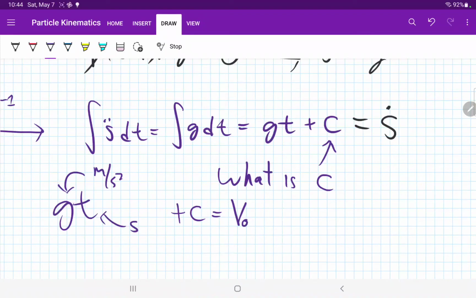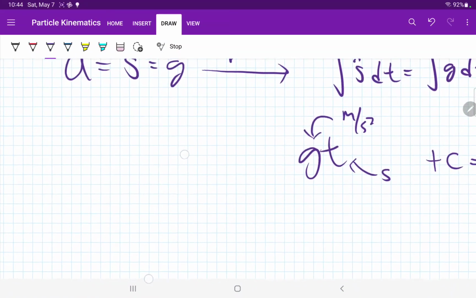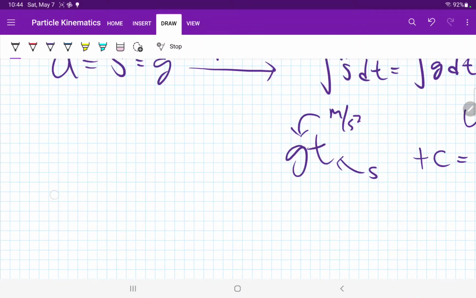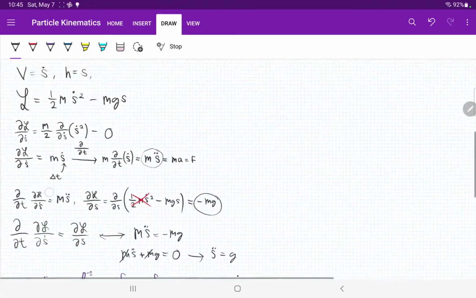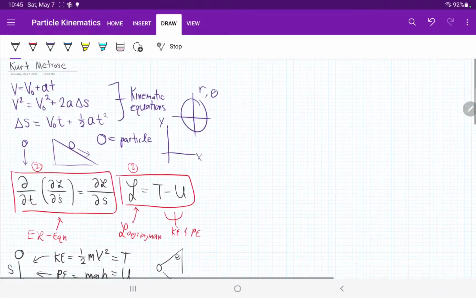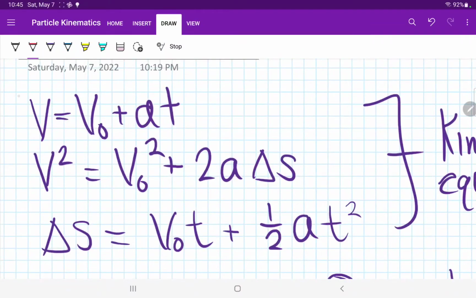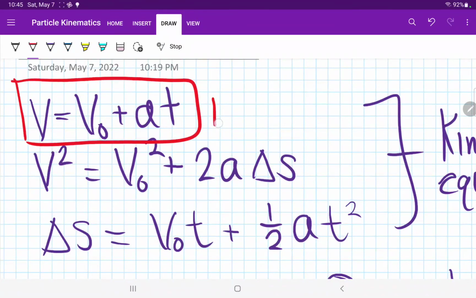It comes from the initial condition. So then now it would make more sense to say we have s dot is equal to v0 plus gravity times t. And again, doesn't this look exactly like what we had up here? So there we go. We just found this one. So we can check it off.